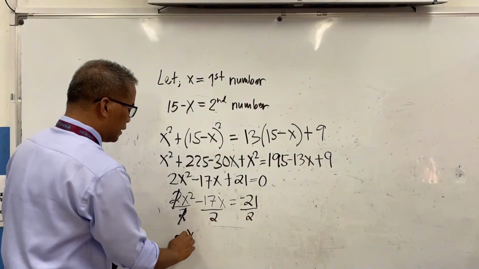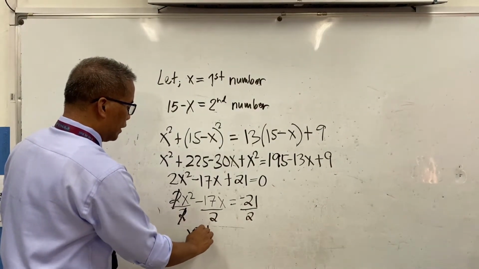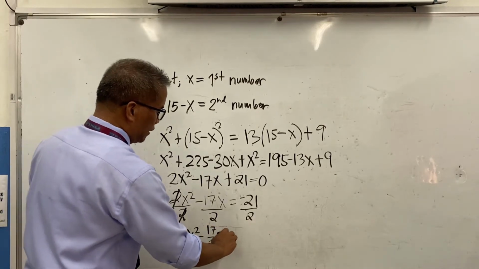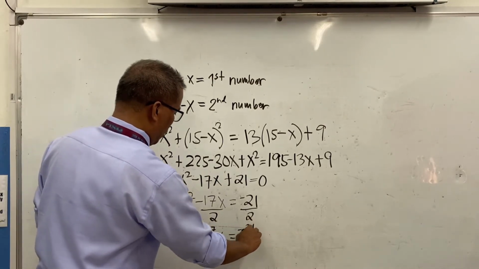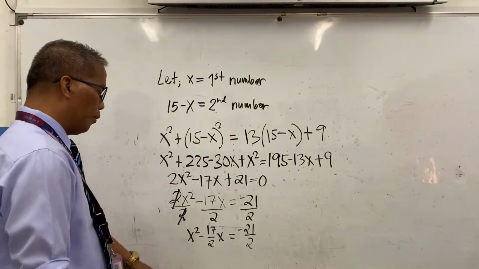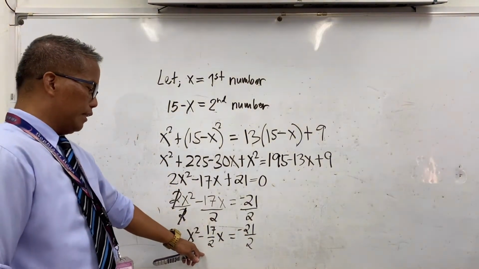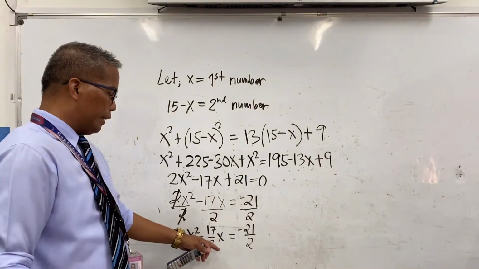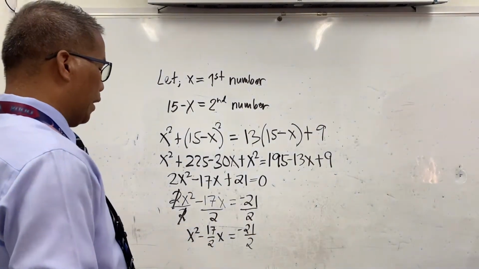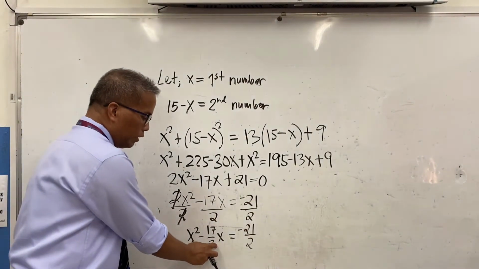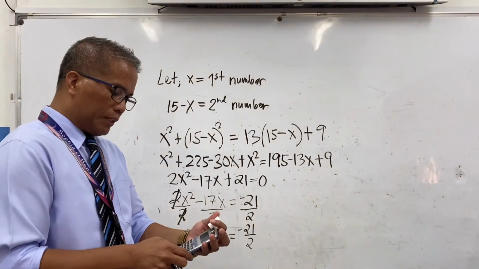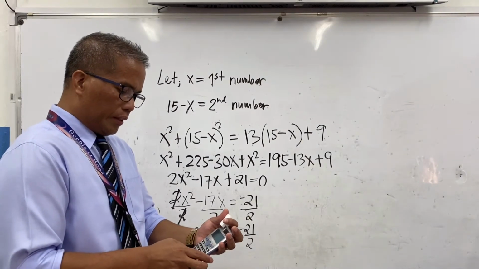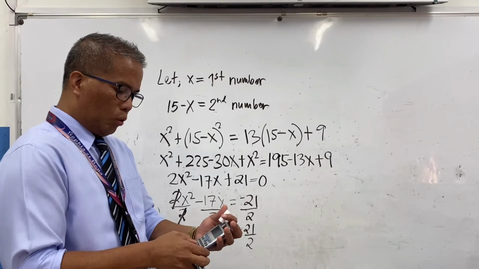So we have now x squared minus 17 over 2x equals negative 21 over 2. Now, we need to complete this x squared minus 17 over 2x. So to complete that, divide this by 2. So negative 17 over 4 raised to 2.